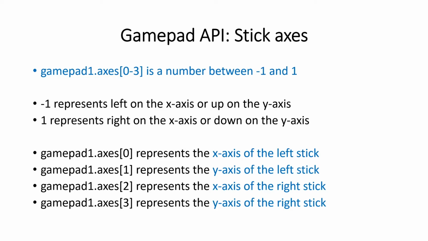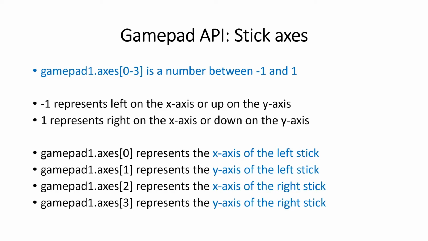Lastly, we have the stick axis, and gamepad1.axis of 0 up to 3 is the number between -1 and 1. -1 represents left on the x-axis or up on the y-axis. 1 represents right on the x-axis or down on the y-axis.